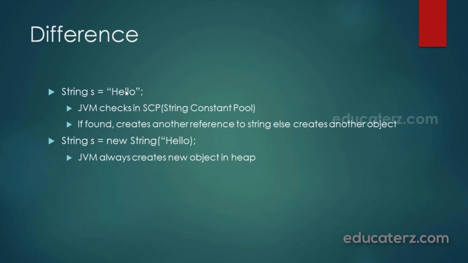If found, that is hello is already there with s1, it creates another reference variable called s2 and copies the reference number of s1 into s2. If it is not found, then it creates a new object with the content. This is with the single assignment operator.